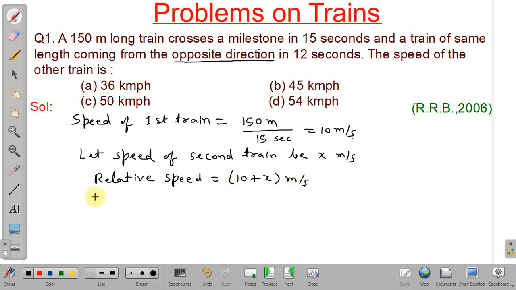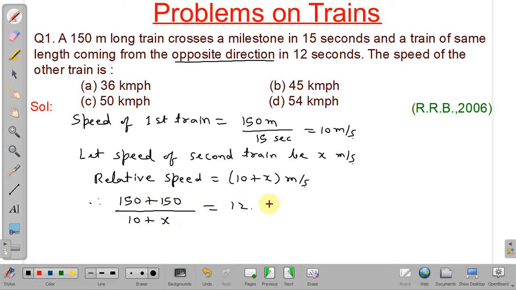Okay. Now to cross each other, the total distance to be covered equals the sum of the lengths of the two trains. So it will be 150 plus 150 divided by the relative speed, so it is 10 plus x, and the time given is 12 seconds.